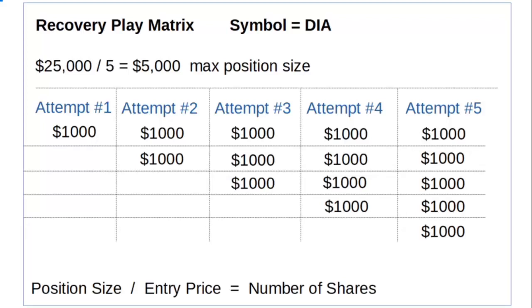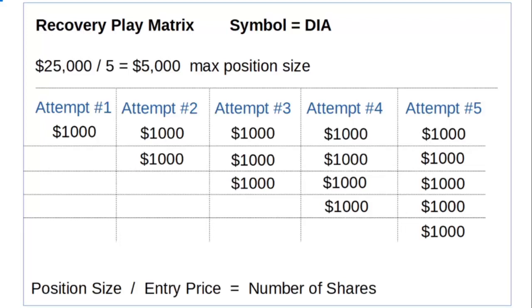So what I recommend you do is take the maximum amount of capital that you're going to designate for the recovery campaign and divide it by the number of symbols. Let's say, in this example, you're going to use 25K. You would divide that by 5, and that would give you up to 5 positions.